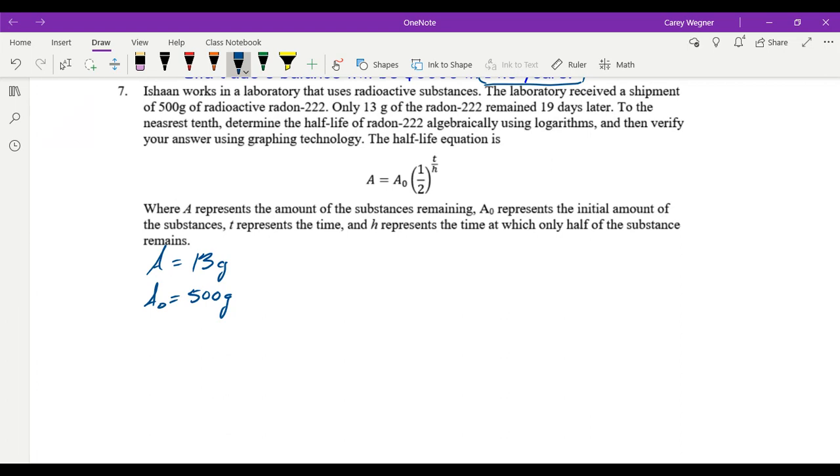The base we're given in the question. T is how much time passes, and H, remember, is the half-life. And again, half-life is talking about how much time will pass for the substance to decay to half the original.